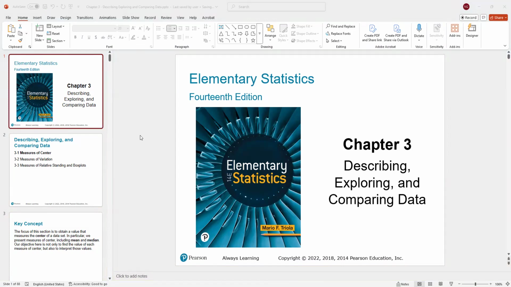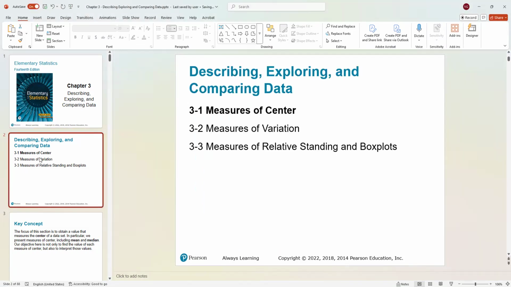In this video, we're going to start with chapter 3, describing, exploring, and comparing data. Usually nowadays, we get results not only by memorizing formulas or manually doing a lot of exercises.